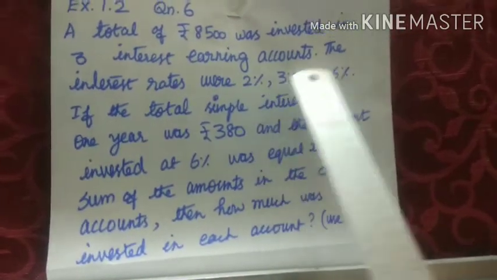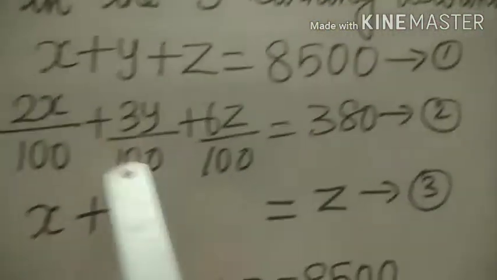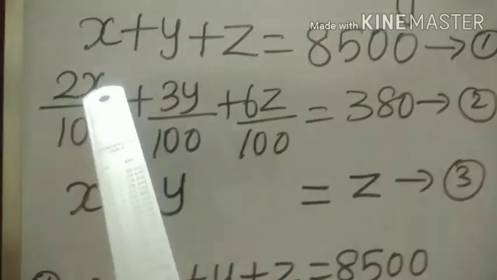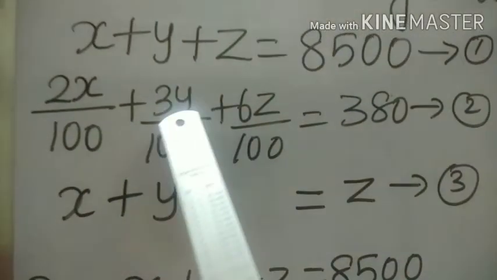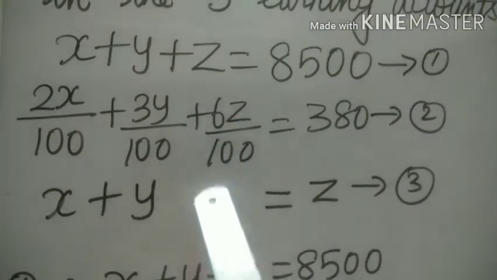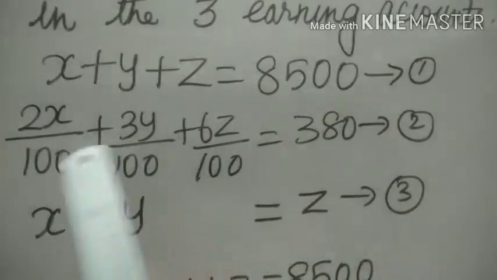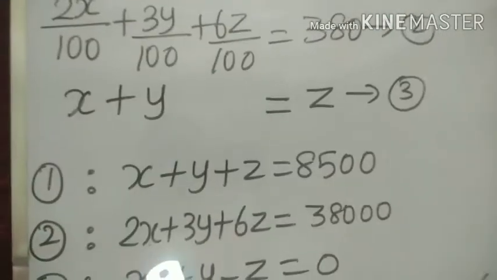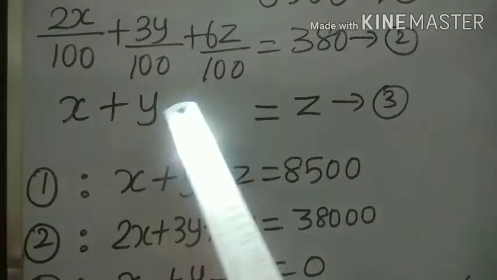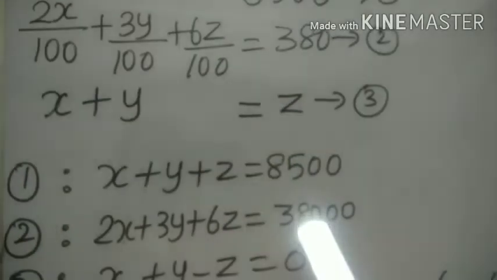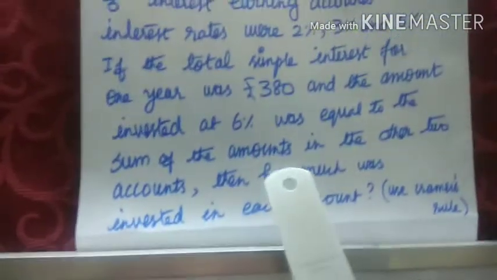So X, Y, Z. So how do we write it? 2% of X, 3% of Y and 6% of Z gives the total 380. So we can cross multiply by 100 and we write 2X plus 3Y plus 6Z is equal to 380 into 100, 38,000.